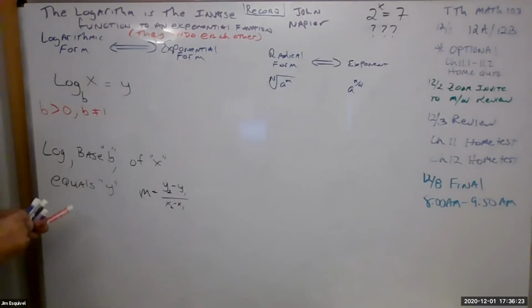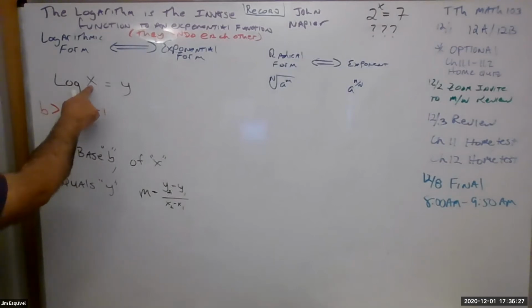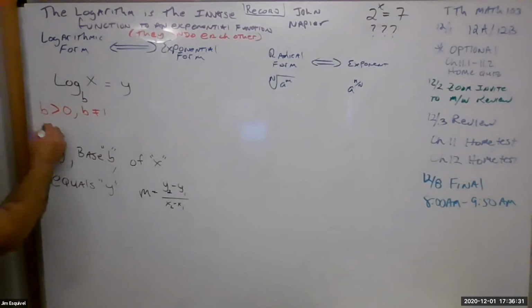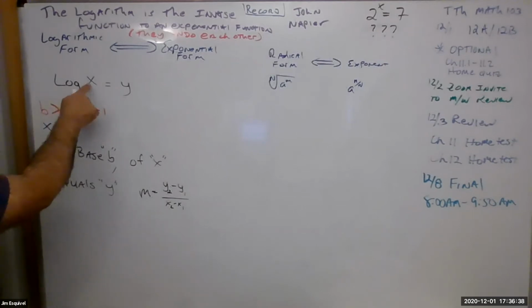Inside the logarithm, right here, this X has to be greater than 0. It has to be positive. You cannot take the logarithm of a negative number, and you can't take the logarithm of a 0.